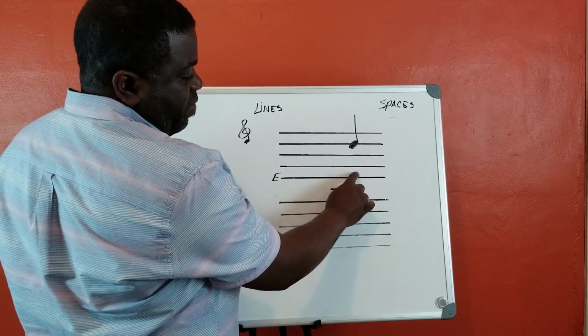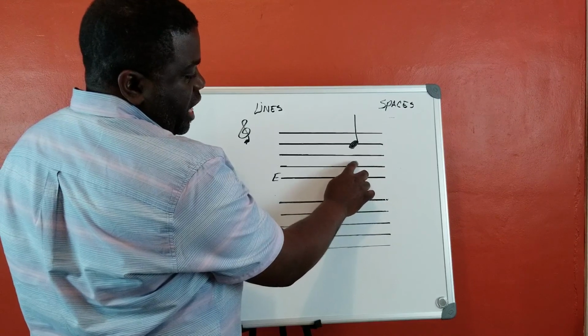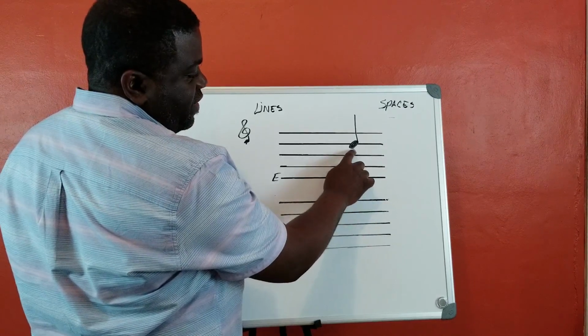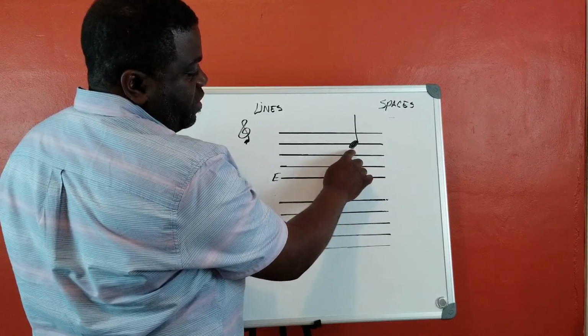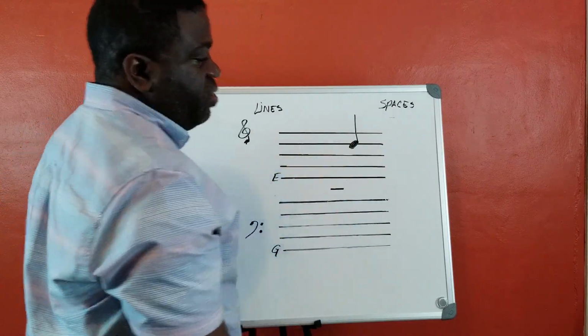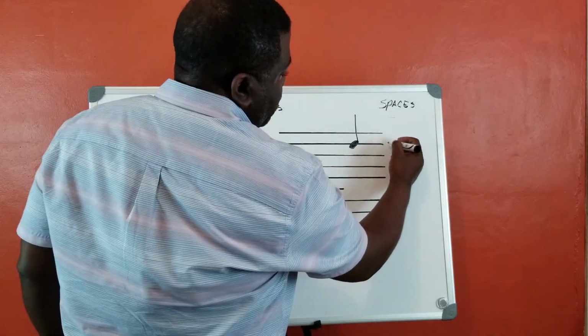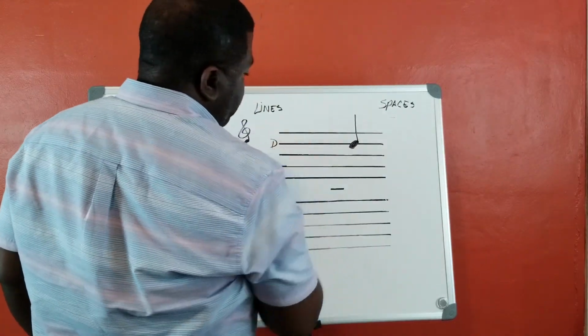After E comes F, which is the space. After F comes G, and then A, then B, then C. And since that quarter note is sitting on the line, it's sitting on the D. So then that quarter note will be a D, right? You have the D line right here.